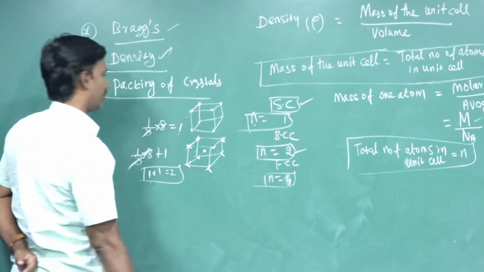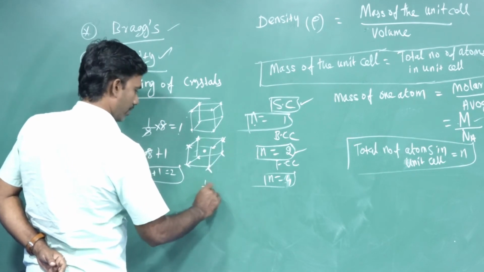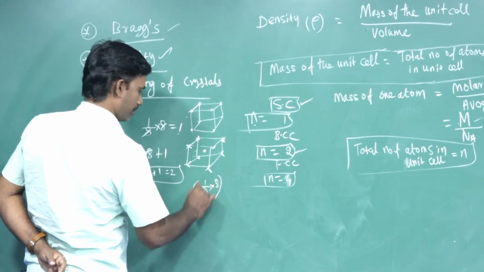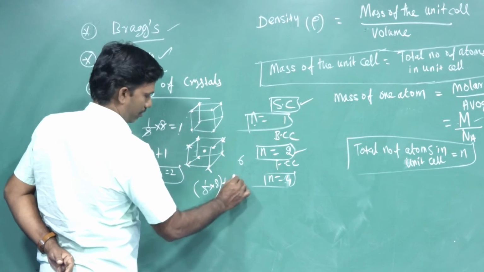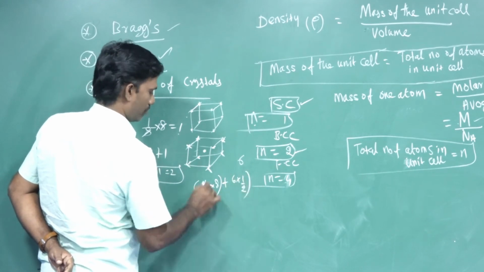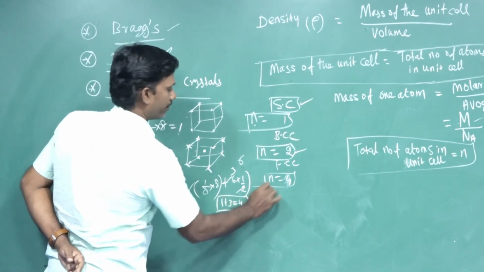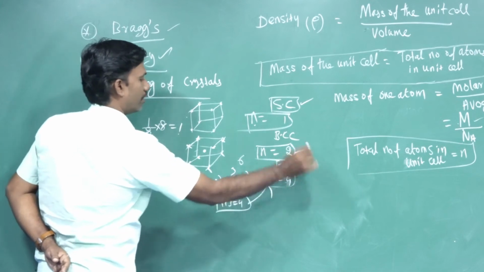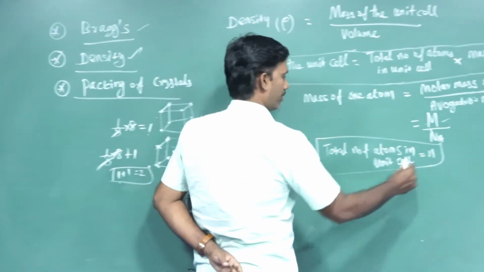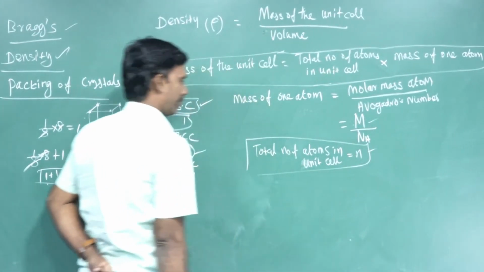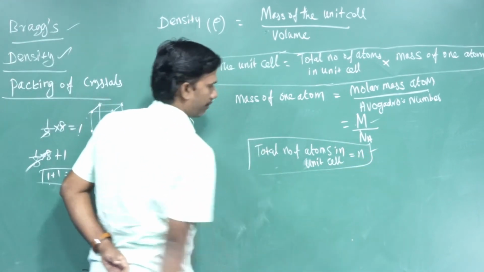Likewise, N equals 4 for a face centered cubic. You will have 1 by 8 into 8 plus, there are 6 faces, and the face contribution is 1 by 2, so 3. 1 plus 3 equals 4. So in FCC you will have 4 atoms. So whether the type is given as body centered, face centered or simple cubic, according to that you have to substitute the N value.